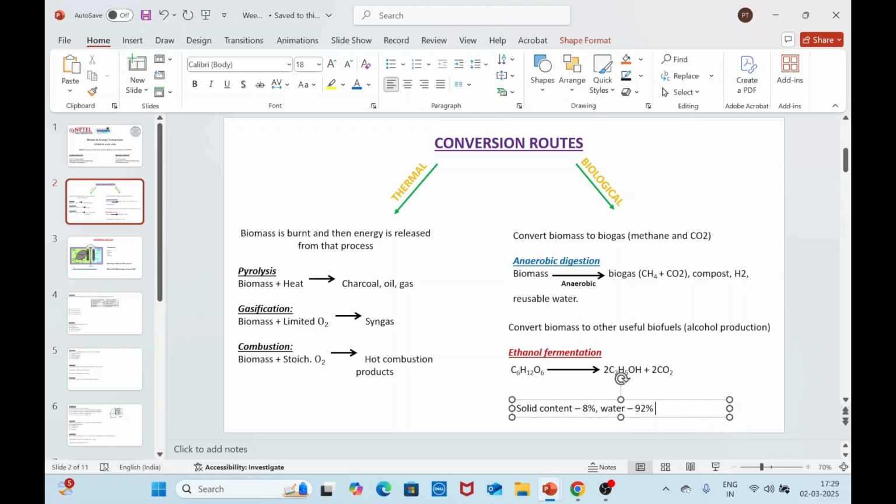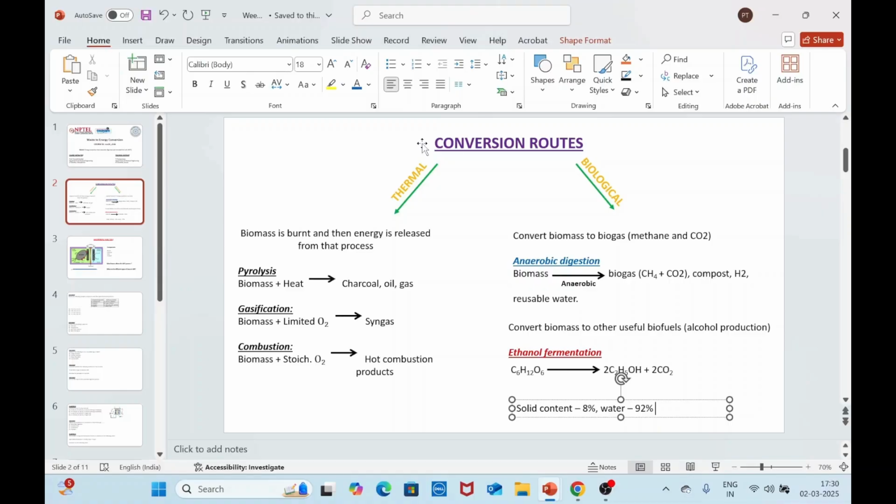So that moisture will actually inhibit the thermal conversion process. The amount of energy that is required to burn your material is going to be significantly higher. The fuel that you are going to add to burn your material is going to be more.